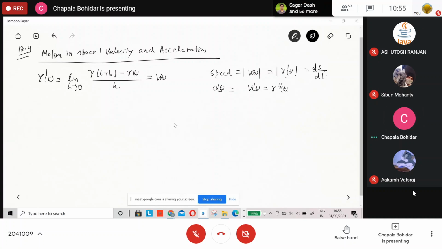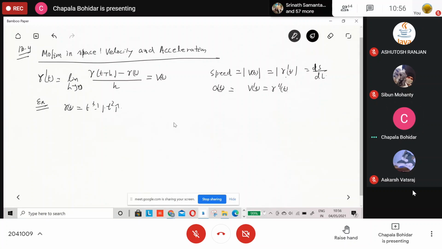Now an example. The position vector of an object moving in a plane is given by r(t) equal to t cube i plus t square j.